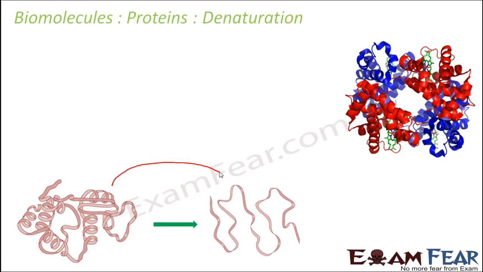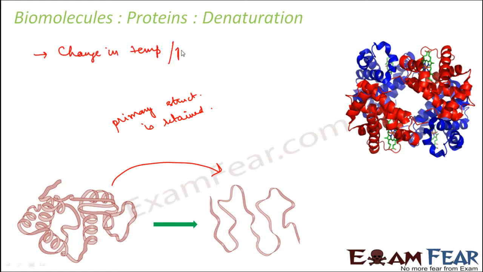So this is how it takes place. What happens? Only primary structure is retained. All other structures are lost. And when does it happen? When it is subjected to change in temperature or pH.